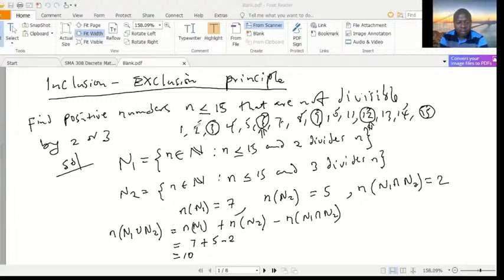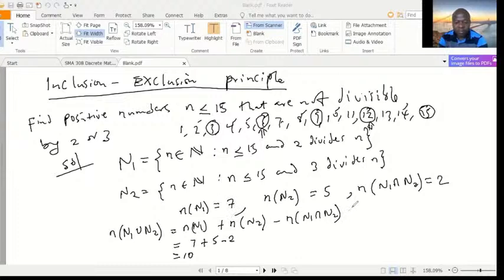And you can count. This is divisible by 2, so that's 1. Divisible by 3, that's 2. Divisible by 2, 3, this one 4. This one 5, this one 6, this one 7, this one 8, this one 9, this one 10. So those which are divisible by either 2 or 3, their total number is 10.